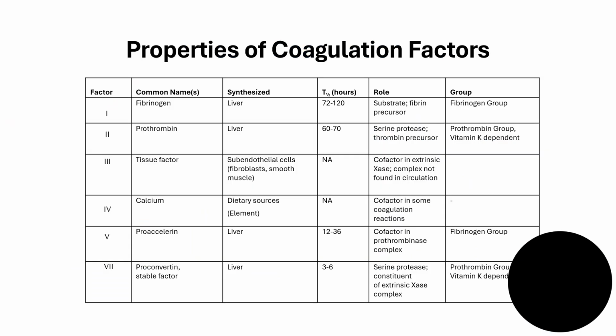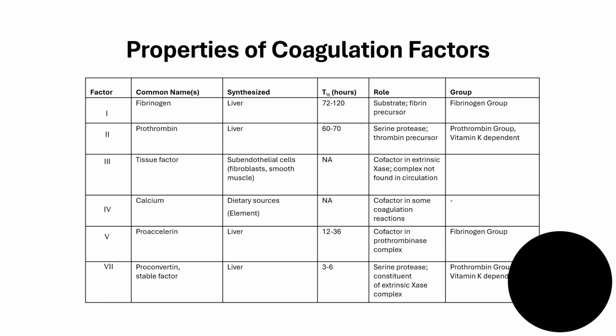The next three series of slides are properties of coagulation factors, all divided into the factor Roman numeral, its common name, where it's synthesized, its half-life, its role within the hemostatic mechanism, and if it belongs to a certain group of factors.